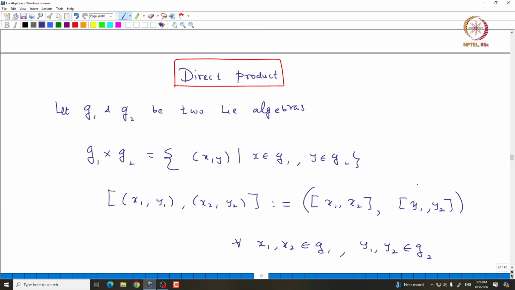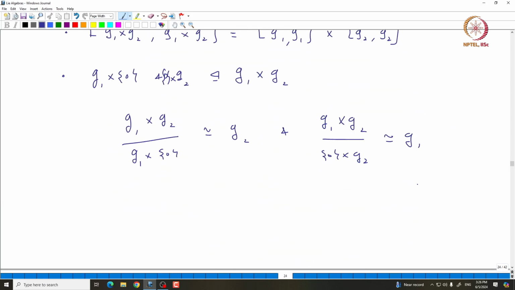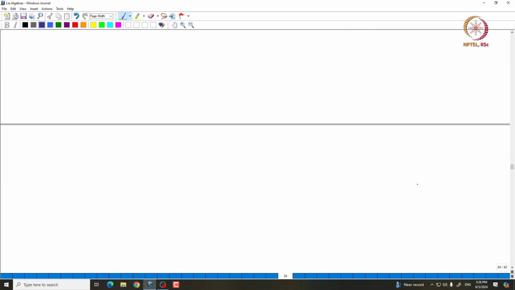We can also define what is called the internal direct sum. The direct sum of subalgebras is defined as follows. G is said to be the direct sum of G1 and G2, both of them subalgebras of G, if it satisfies the following conditions.